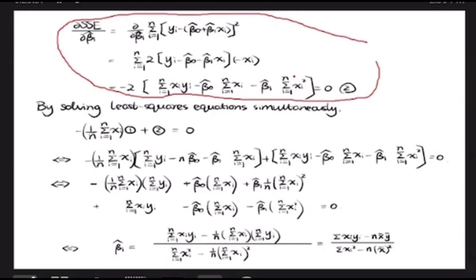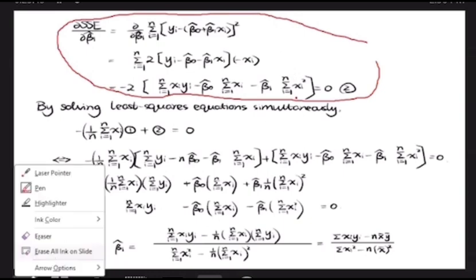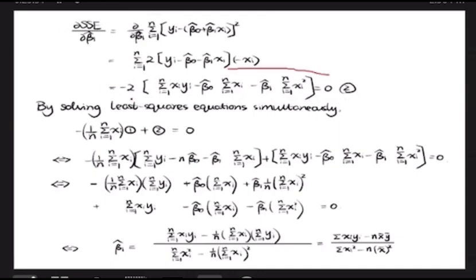Now, after getting that, we want to solve. We want to simplify. What are we looking for? We are actually looking for beta 1. If you take a look at where we are here, we want to solve for beta 1, right? And don't forget there is still beta naught cap. Can you see beta naught cap is part of that?